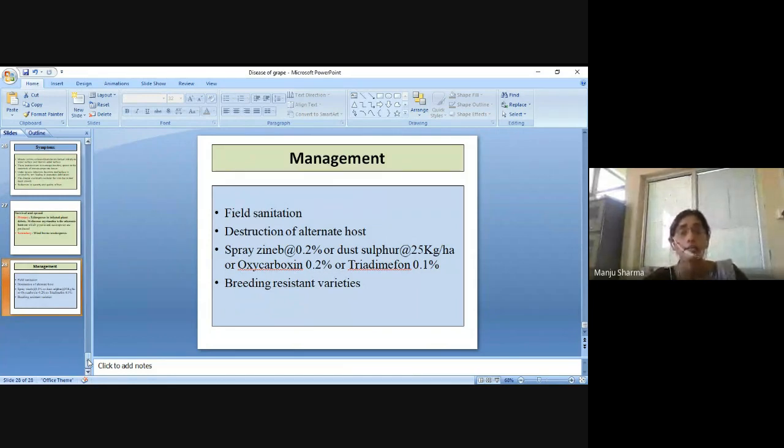After that, soil solarization is there. Due to this, we just plough out the soil, and after that we leave it for some days. Due to this, lots of microorganisms present will be killed, because if the temperature is high, all the pathogens, bacteria, fungi, etc., can't survive at the high temperature.